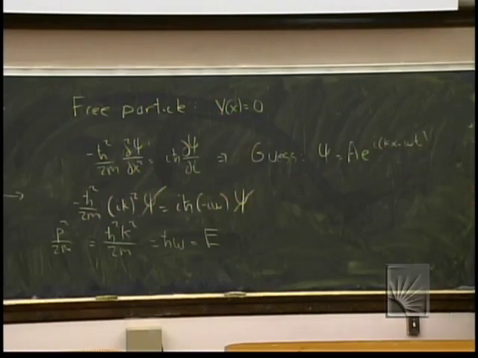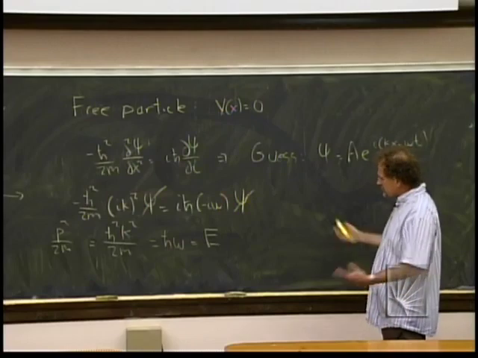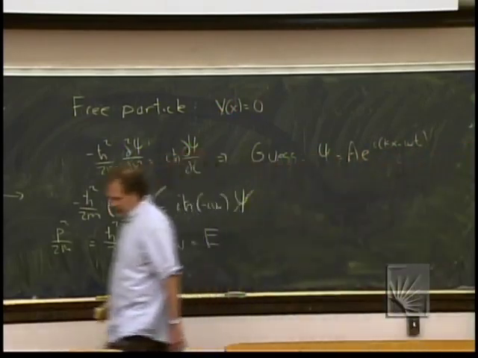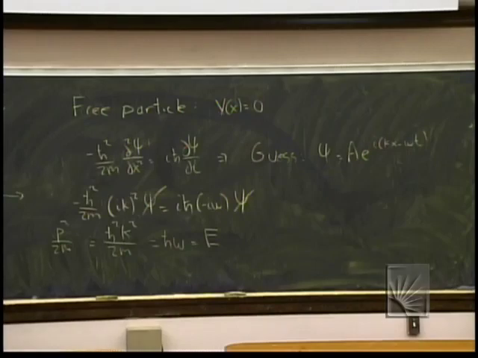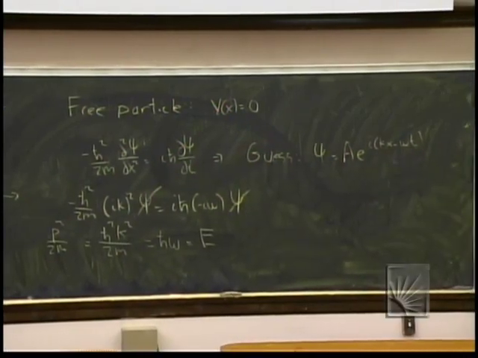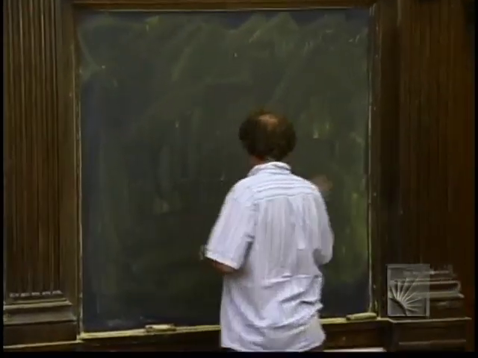Okay, but this is the solution for a free particle. Let me talk a second about it. Let me make just several comments about it. This is called a plane wave.